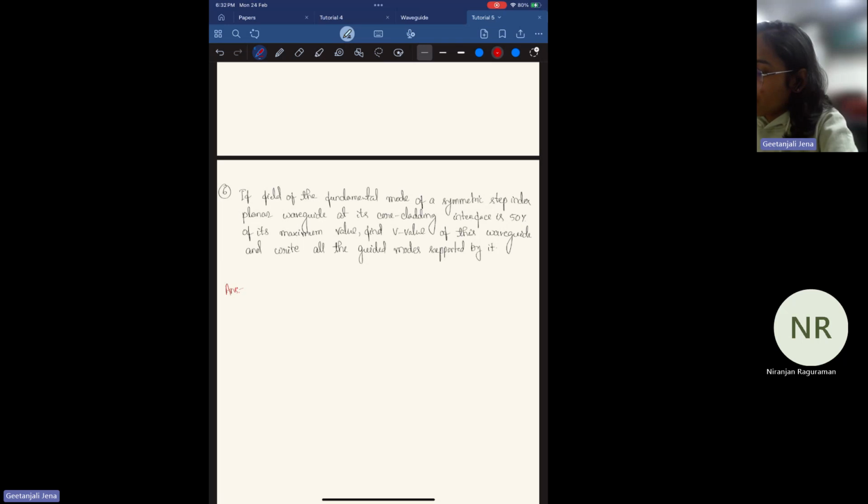Okay, so we have a symmetric waveguide. Let me draw the refractive index profile. So it is symmetric. Let's say this is n(x), and here it is x equal to a and x equal to minus a.